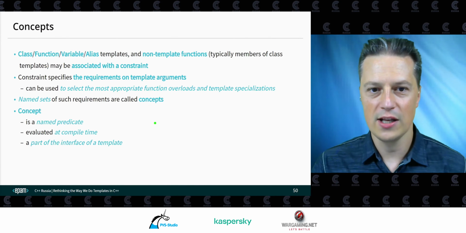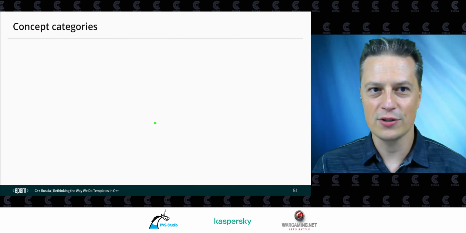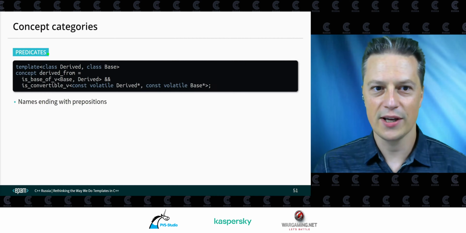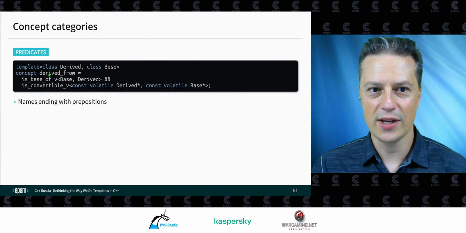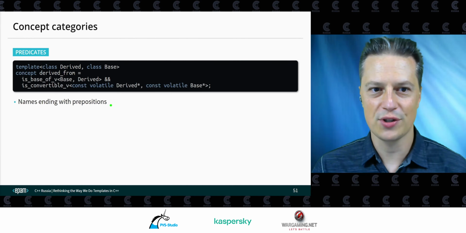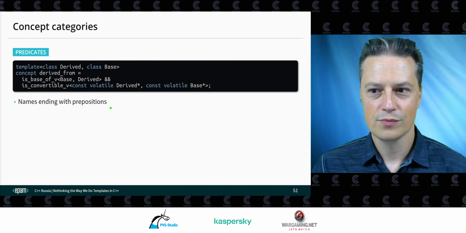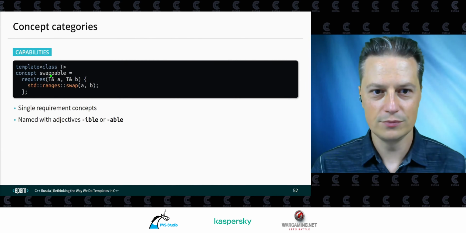Right now, in the library, we identify 3 categories so far. First of them are predicates. These are something really simple, saying, for example, derived from. All those names are ending with prepositions. We have capabilities, like swappable.